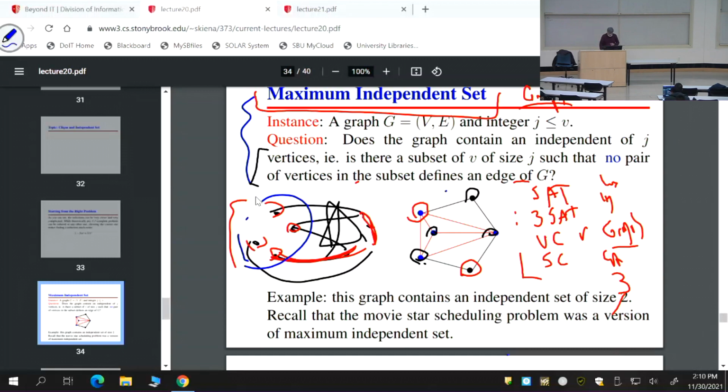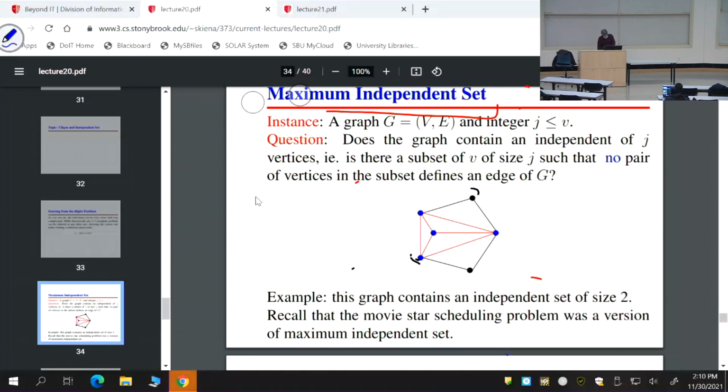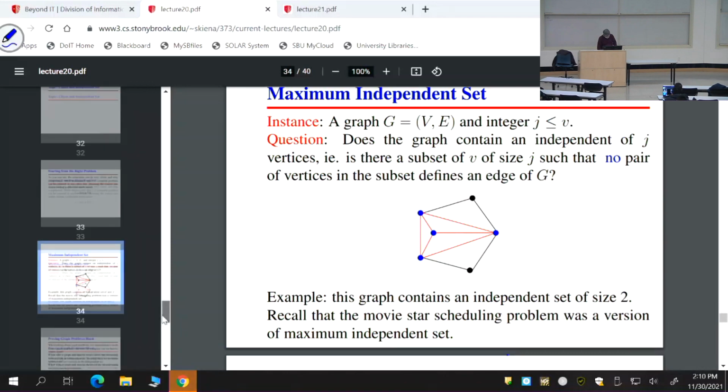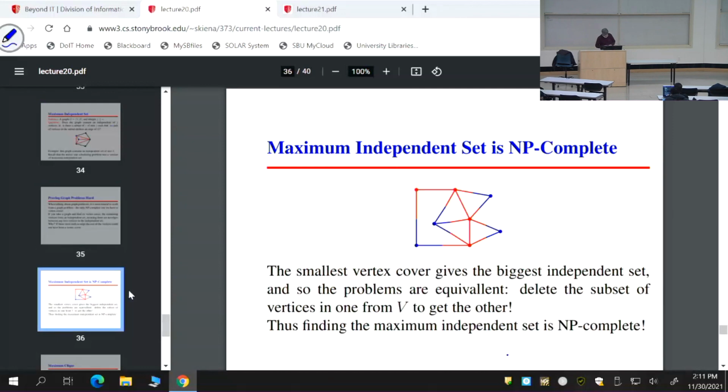So what does that mean? Let's go through this logic a little slower. Okay, I'll just come back down here. What does it say? There is a connection.